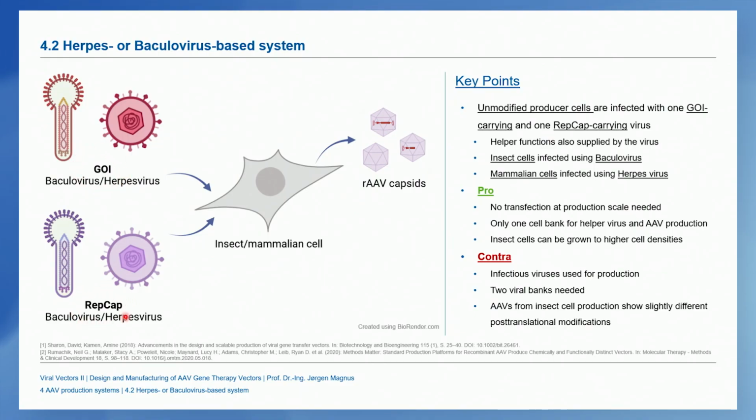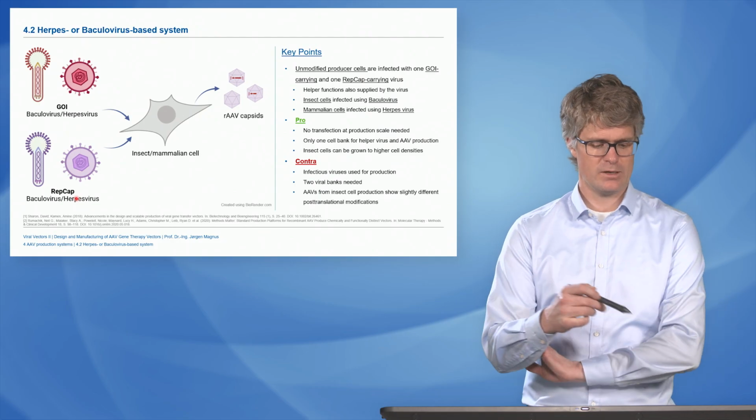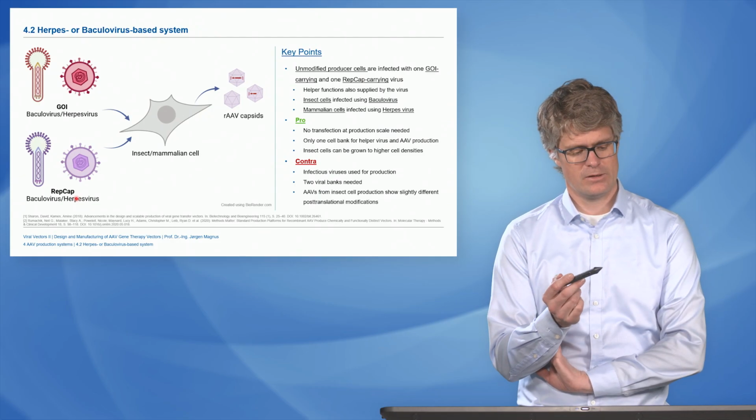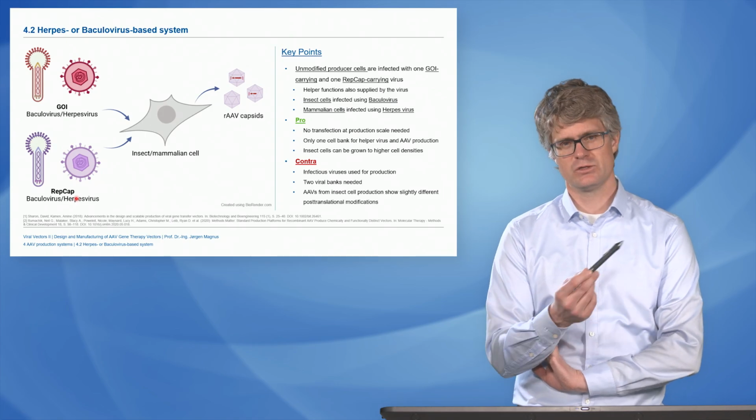So you would create two different strains of baculovirus, one that carries the gene of interest, one that carries the rep cap genes, and then you would co-infect your insect cells. And when the insect cells are infected at the same time with both of your baculovirus strains, then they will produce AAV capsids.